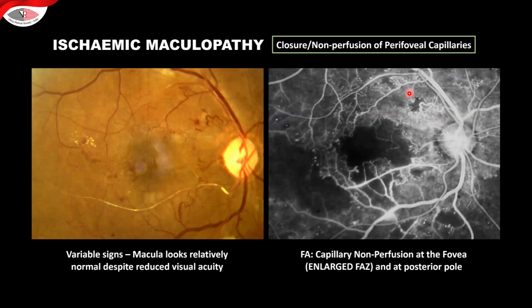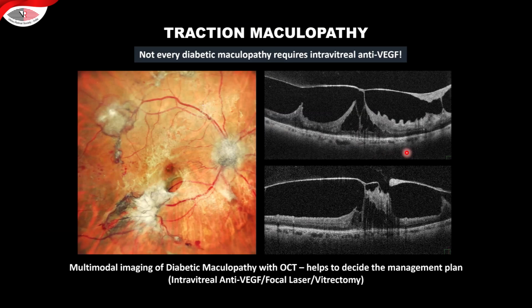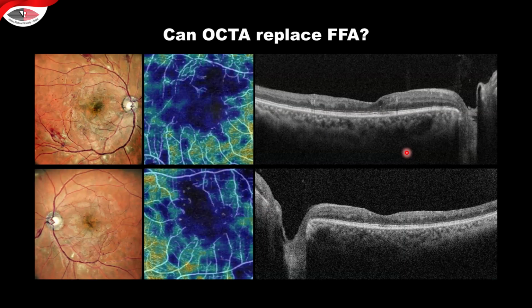Ischemic maculopathy means that the perfusion is gone. You can see that the foveal avascular zone is compromised. It looks larger and enlarged and is not a good sign in the long term for visual prognosis. Traction maculopathy, we discussed when we were comparing, it's a physical mechanical traction and it needs surgery to be done, and then you could complement it with anti-VEGFs or laser during surgery, but the mainstay would be surgery in these cases.